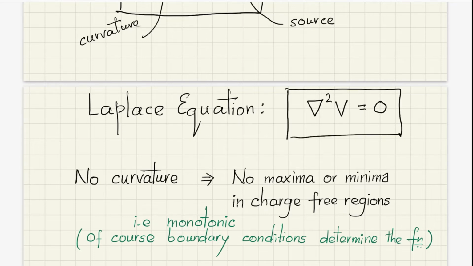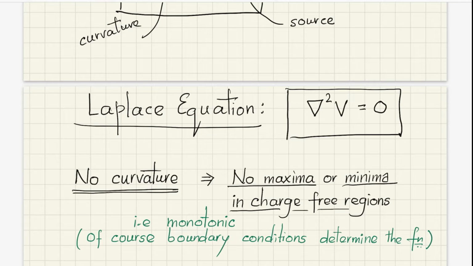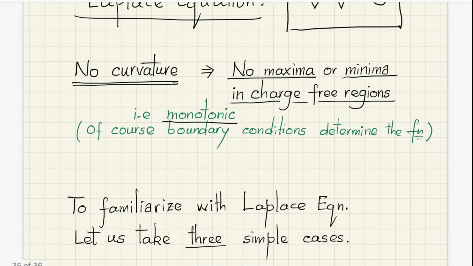No, because it means the electric field is determined in the charge-free region by the boundary conditions. So the Laplace equation is a statement about no curvature because there is no source term. Hence no curvature means there will be no maxima or minima in charge-free regions. That is, the functions will be monotonic. Of course, boundary conditions determine the function, as we had seen.